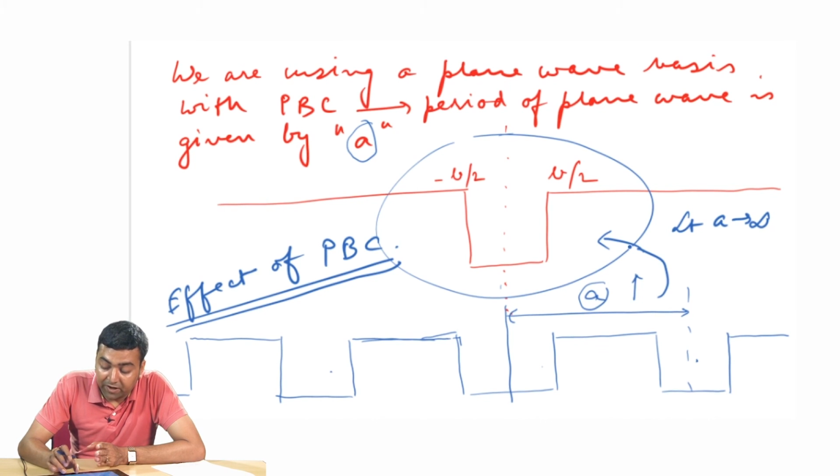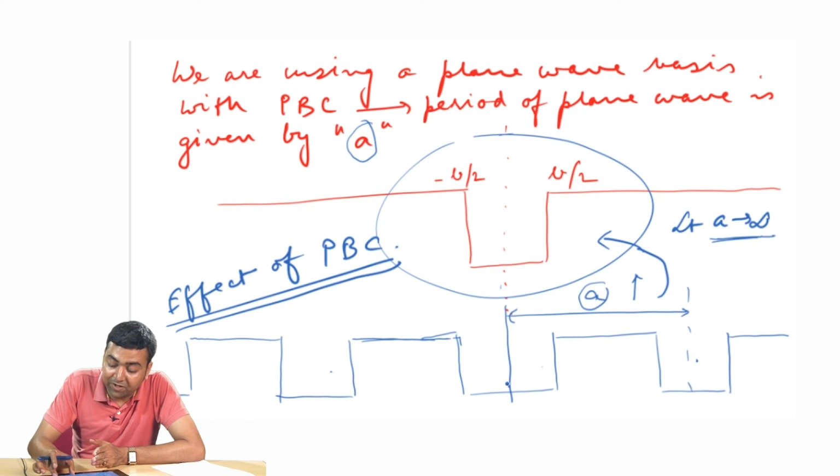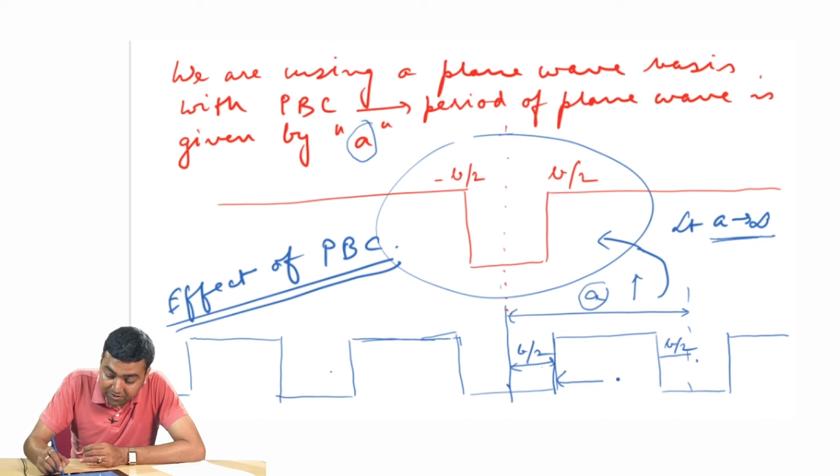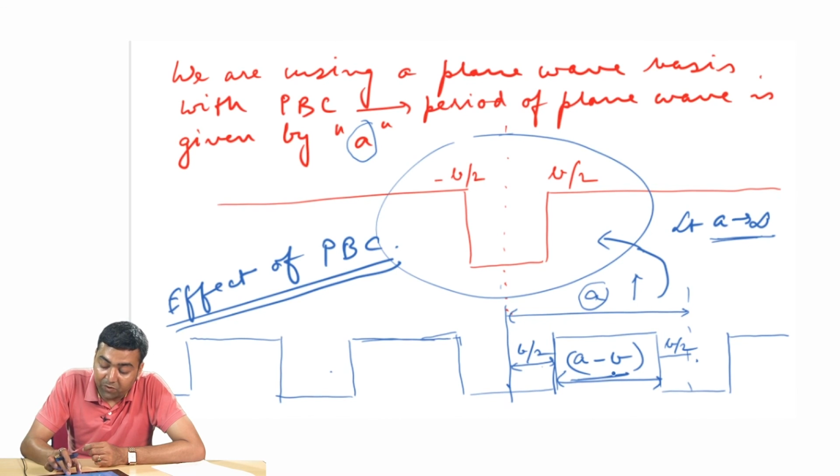It is not practically possible to achieve this limit. So, what one needs to do instead is systematically increase the value of A such that it is large enough that the distance between these two periodic images, say this is b by 2, this is also b by 2, then this distance A minus b is large enough so that the potential here does not feel the effect of the potential which is generated because of the periodic boundary condition.